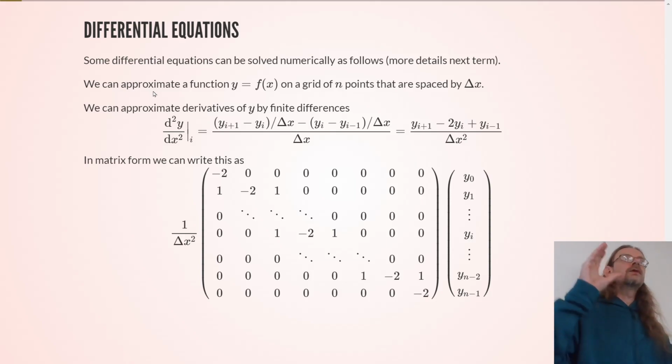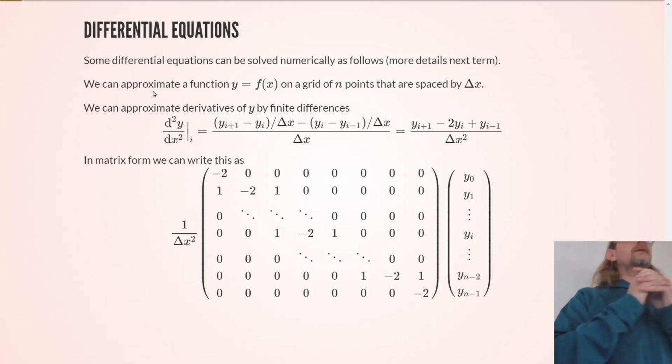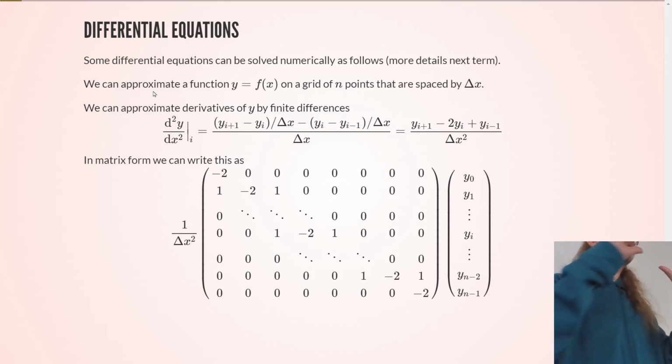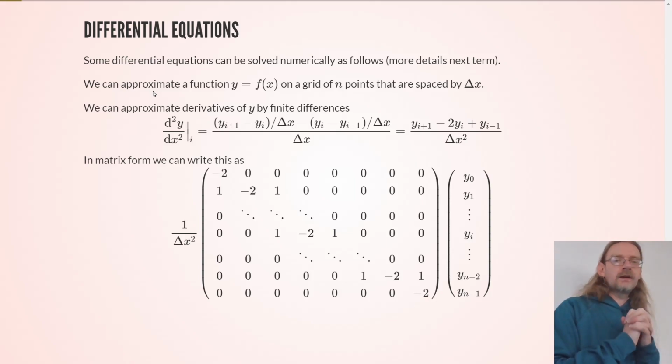So if you've got two values of the function somewhere near where you want to estimate its derivative, so if you have 2 points close by and divide by the distance between the points, then you have an approximation to the derivative. So it's basically the slope of the function at that point.